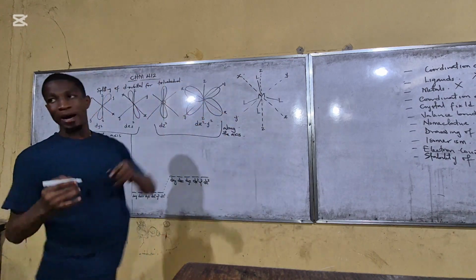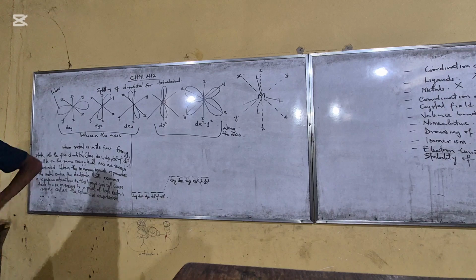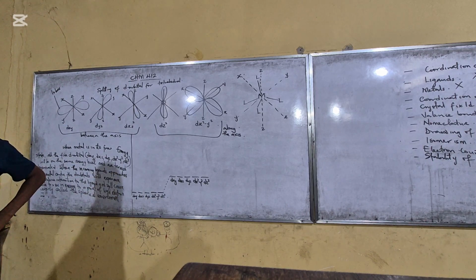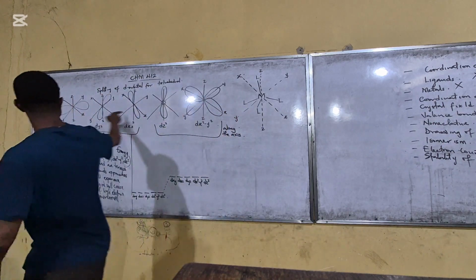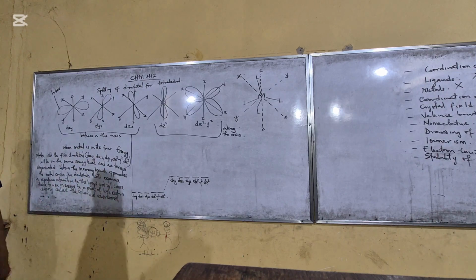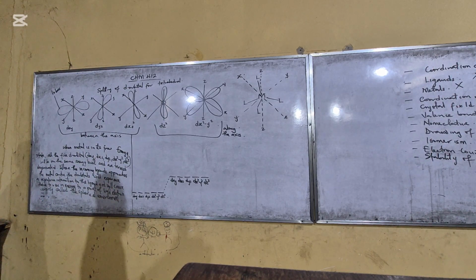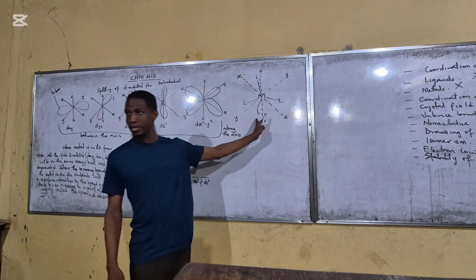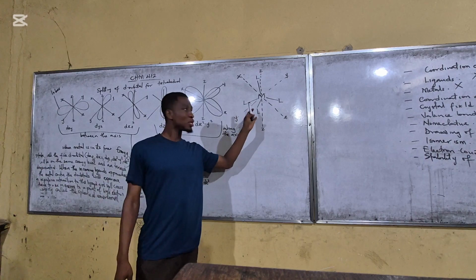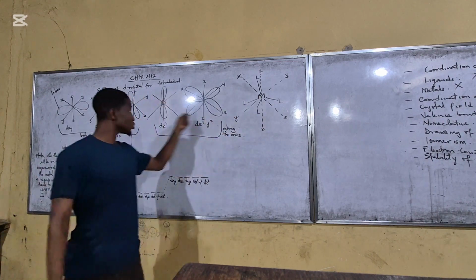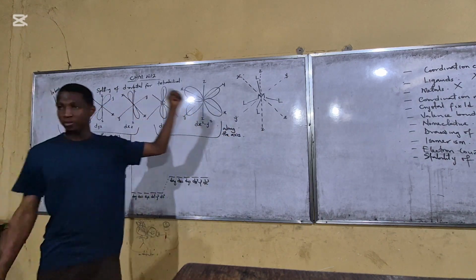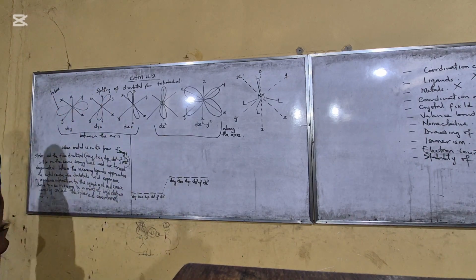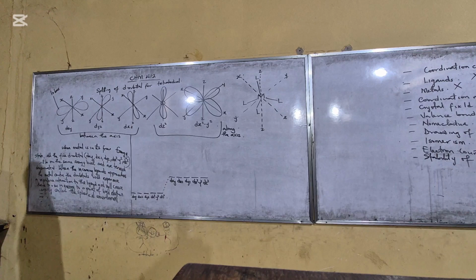The ligands now, are they along the axis or between the axis? They are between the axis. So if the ligands are between the axis, which of these d orbitals will be experiencing a greater repulsion? If I'm going to put the ligands on the metal, obviously they will sit in one of these d orbitals.